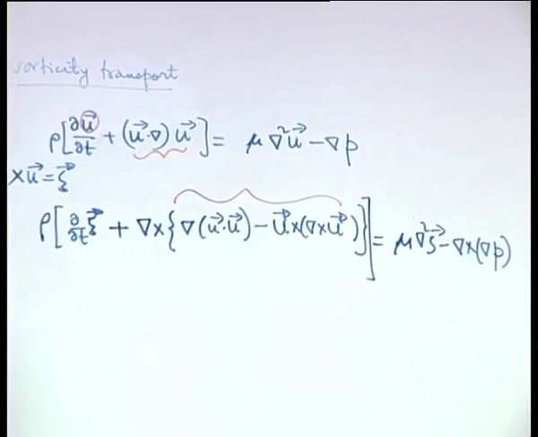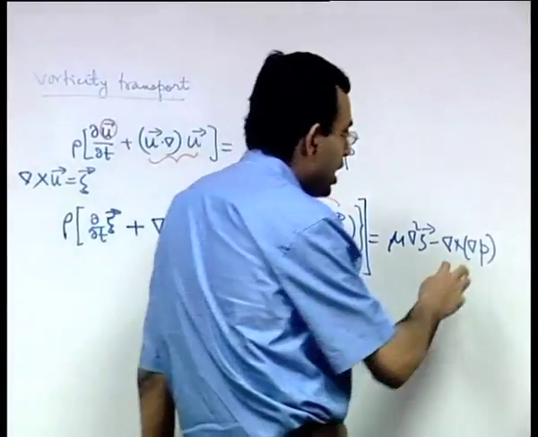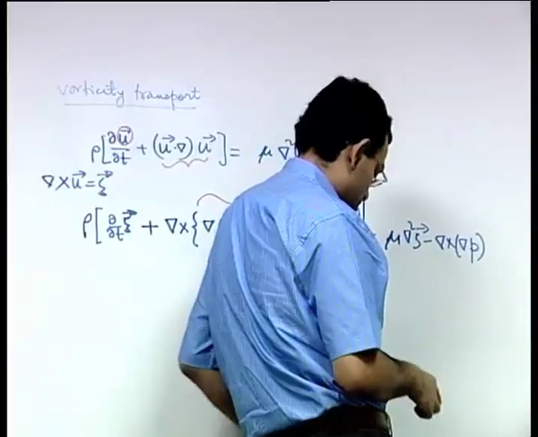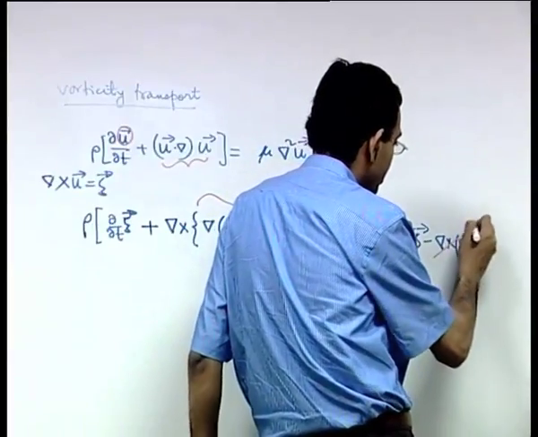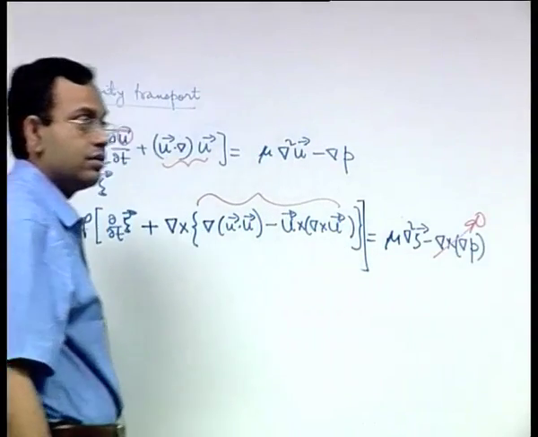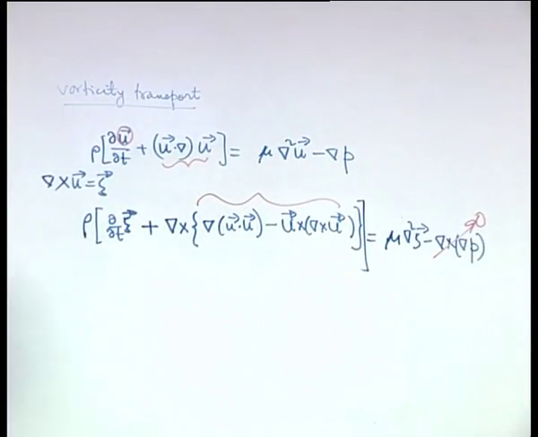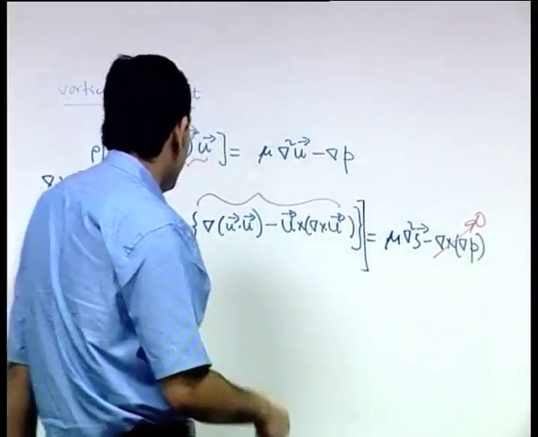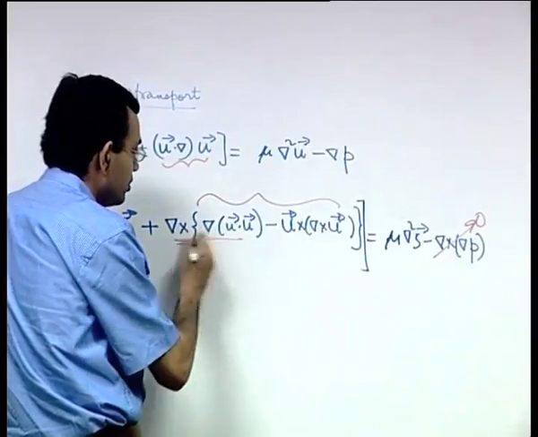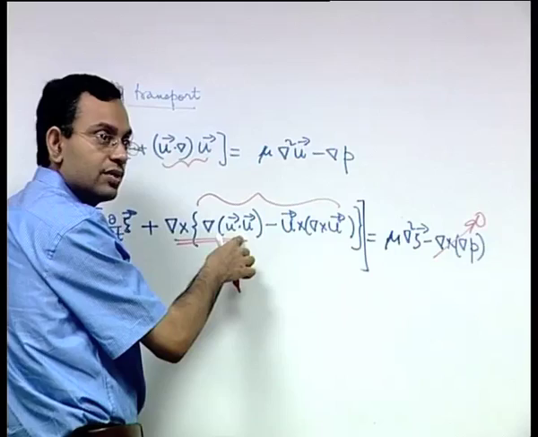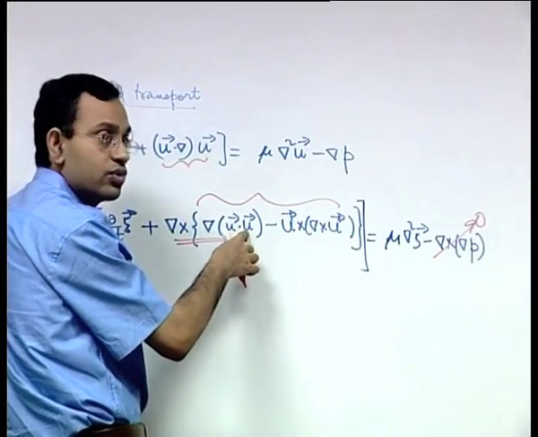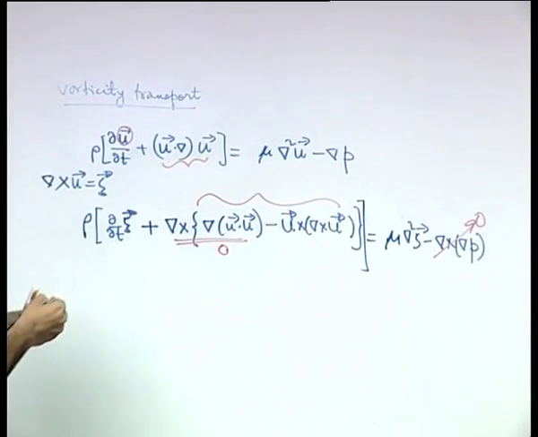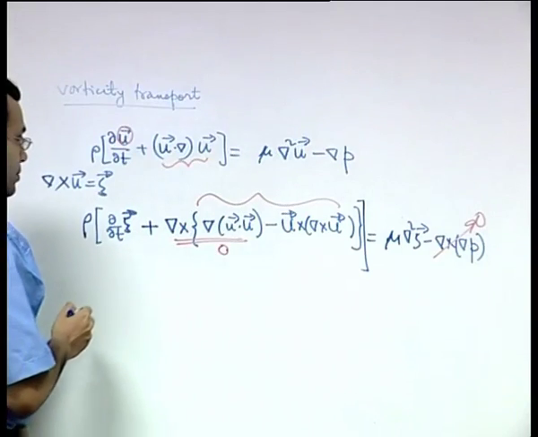Now recall from vector calculus that curl of gradient of a scalar is equal to 0. So, this will be null because it is curl of gradient of the scalar pressure. Similarly, here the first term, it is curl of gradient of a scalar, that is u dot u square. So, that will also be a null, and hence what you will get?